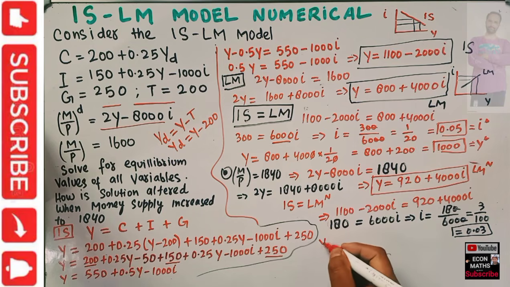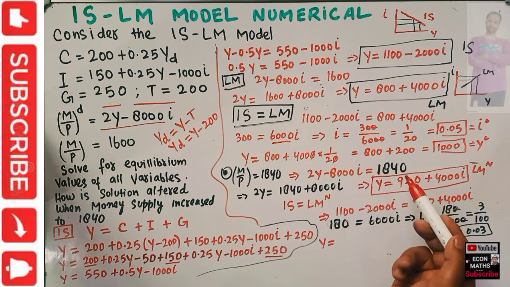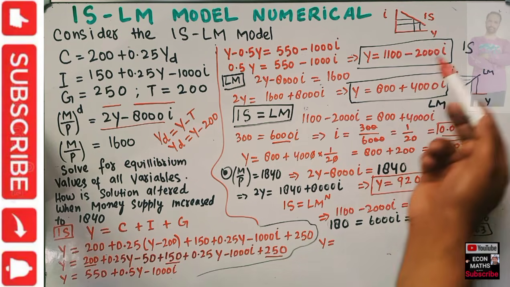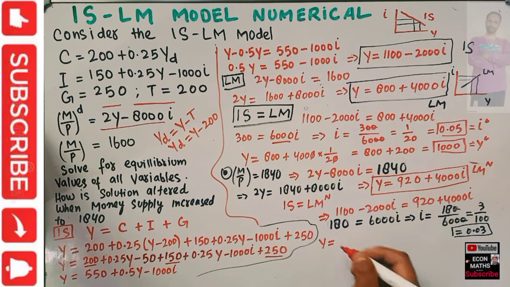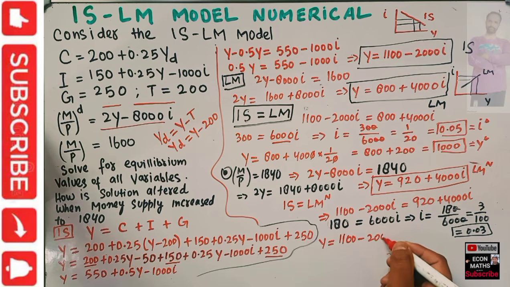Corresponding to this, what will be our new equilibrium level of income? Just plug this in our IS equation or new LM equation. So let us put it in the IS equation. So we have 1100 minus 2000, in place of I we got 3 upon 100. So 100s will get cancelled, 20 into 3 is 60.